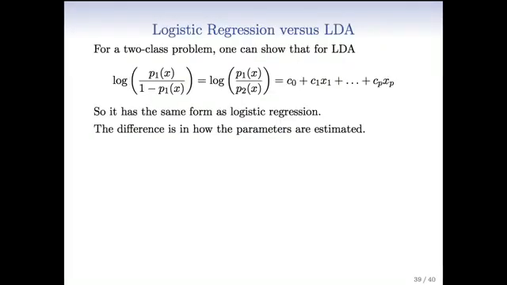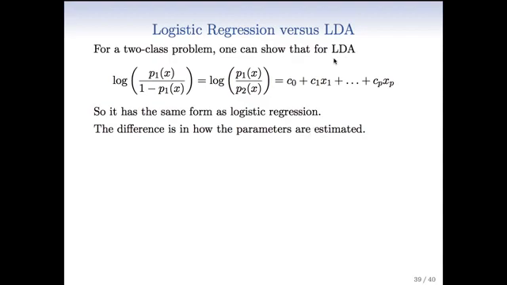Okay, so we've seen two forms of classification, logistic regression and linear discriminant analysis, and we saw its generalizations. How do they differ? It seems there may be similarities between the two.